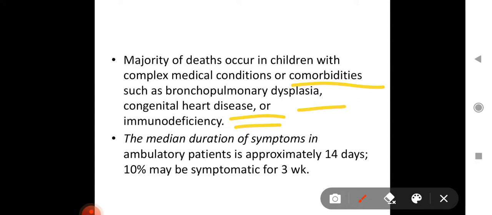But if a child has a previous history of any significant illness, or congenital heart disease, or was born premature with a lengthy stay in an ICU, or is immunodeficient, such a patient may develop severe disease in case of bronchiolitis. The median duration of symptoms in an ambulatory patient is approximately 14 days. 10% may be symptomatic even for 3 weeks. So mild symptoms of bronchiolitis may persist for 14 days to 3 weeks.